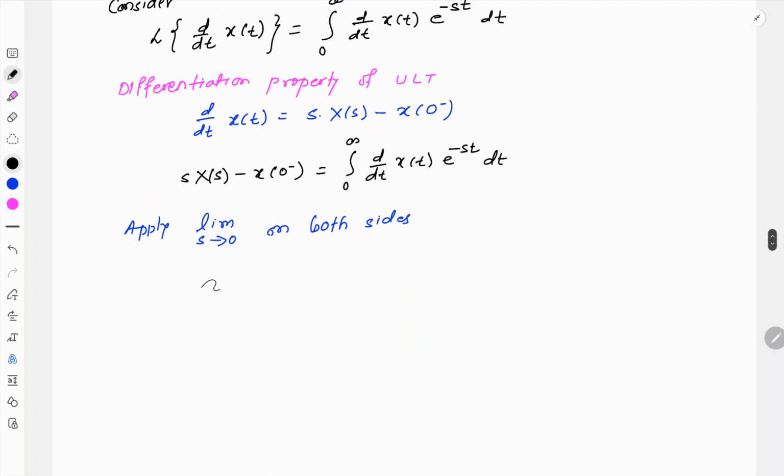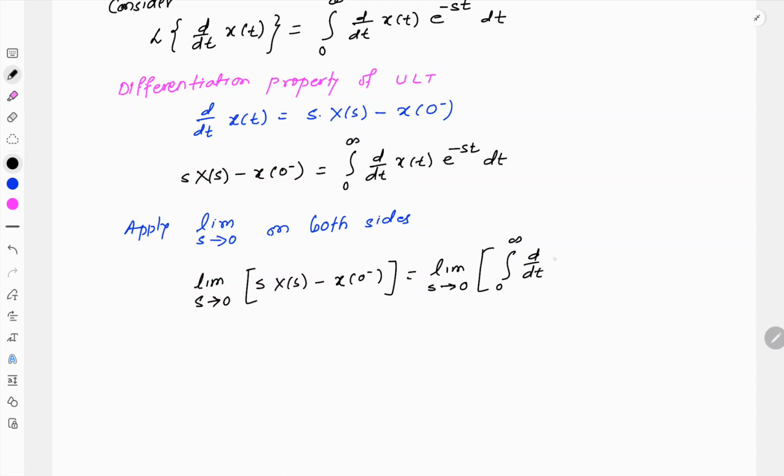So we get limit s tends to 0 s into x of s minus x of 0 minus is equal to limit s tends to 0 integration 0 to infinity d by dt of x of t e raised to minus st dt.